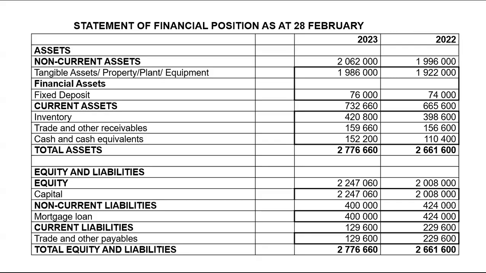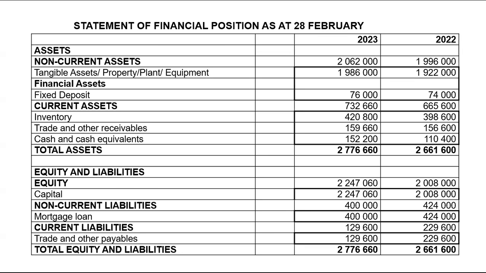For us to calculate the solvency, the current ratio, we will simply take this year's current assets, which in this case amounted to 732,660, and this year's current liabilities amounted to 129,600. So this will be 732,660 for the current year is to 129,600 for the current year.